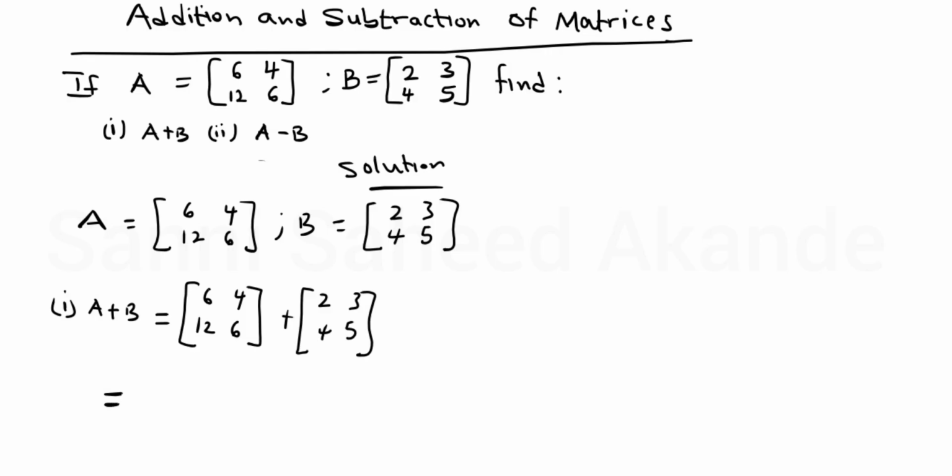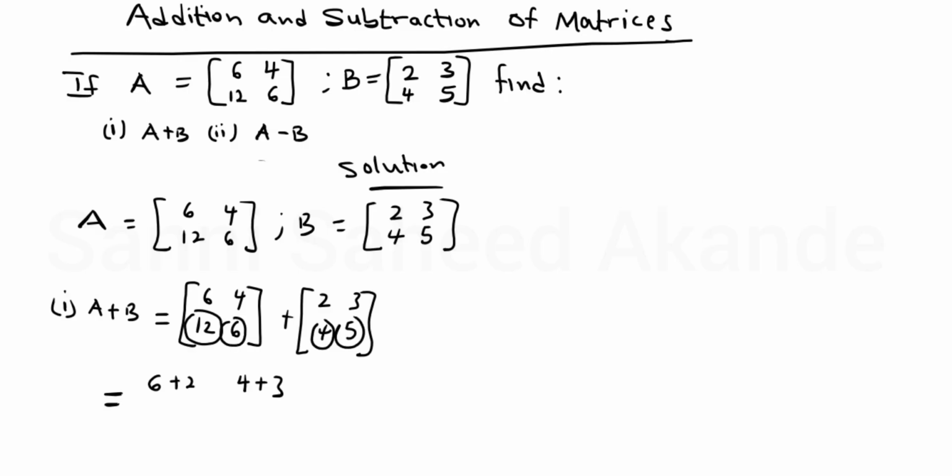You pick this 6 and add it together with this 2. Then next you pick this 4, you add it together with this 3. So that's how we do it. Now let's write 6 plus 2, 4 plus 3, then we pick this 12 plus this 4, then this 6 plus this 5.